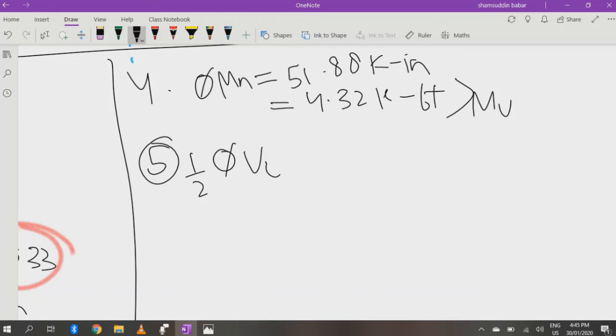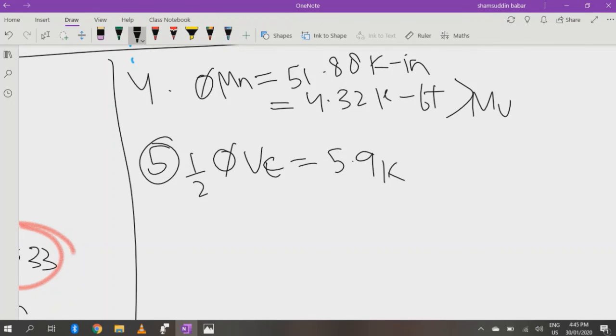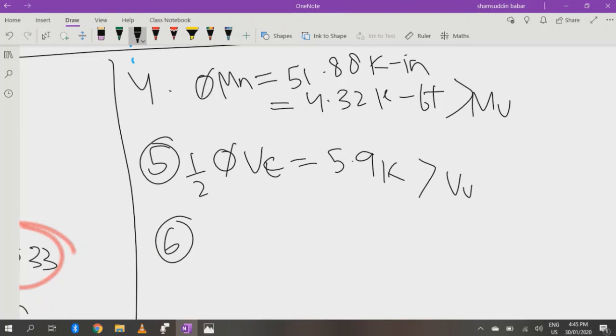Half of phi Vc is equal to 5.9 k, which is actually greater than Vu. And in the sixth step, I actually designed the secondary reinforcement.